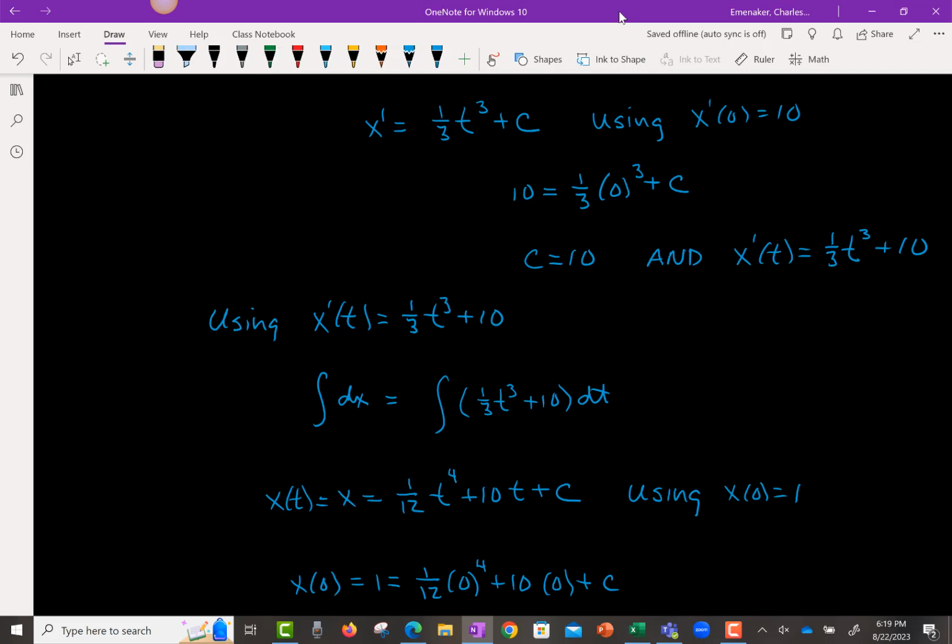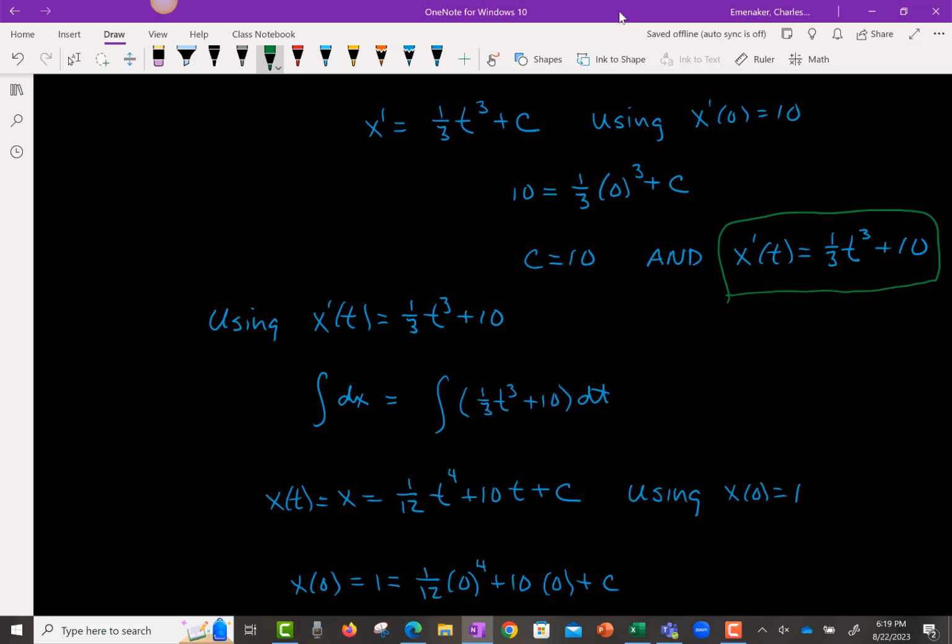Okay, so that initial condition information tells me that my left-hand side is going to be 10. And on the right-hand side, wherever there's a t, I'm going to substitute in 0. So it's going to give me 10 is equal to c, which then allows me to rewrite my first derivative, my position, or I'm sorry, my velocity as 1/3 t cubed plus c, which in this case is 10.